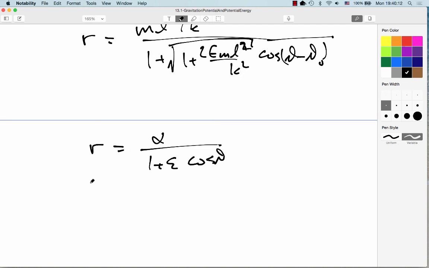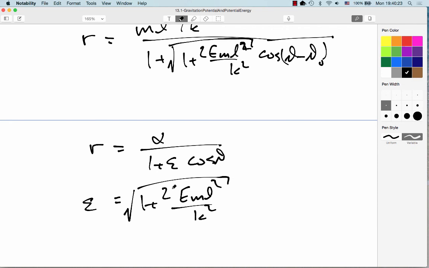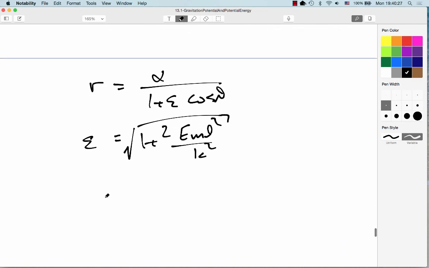So we can identify the eccentricity of the ellipse as being the root of 1 plus 2EML squared over k squared. Now our latus rectum, remember, is also equal to the semi-major axis times 1 minus the square of the eccentricity.